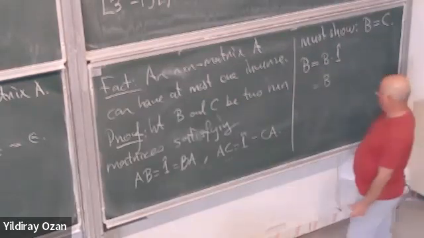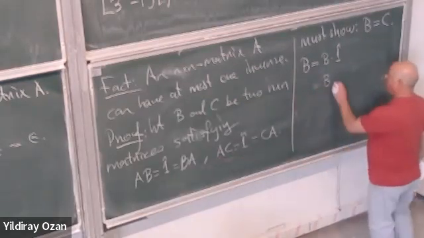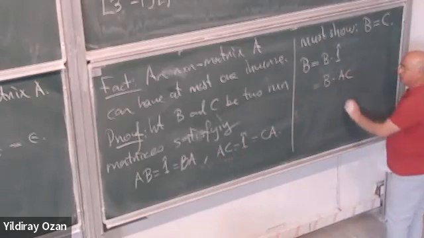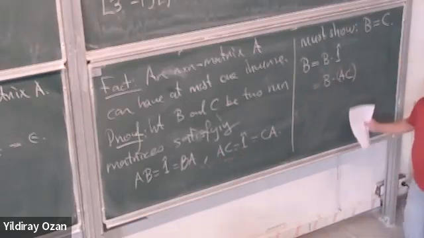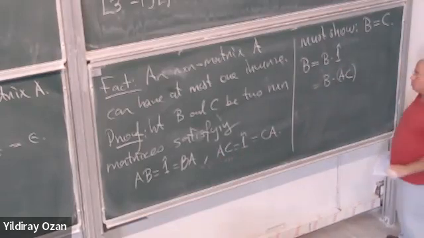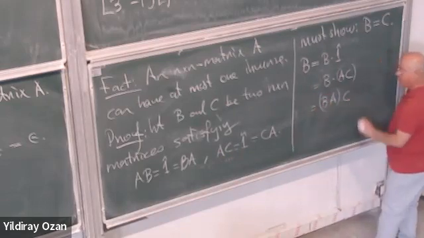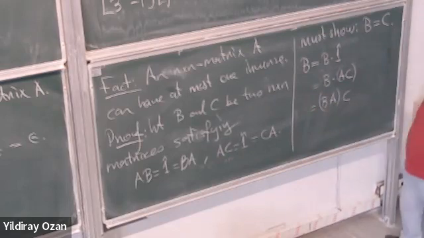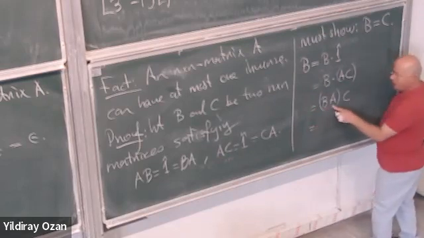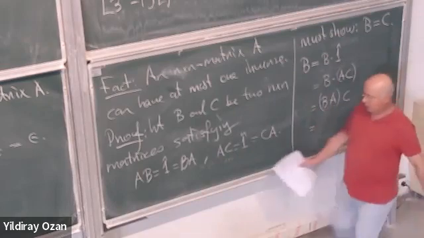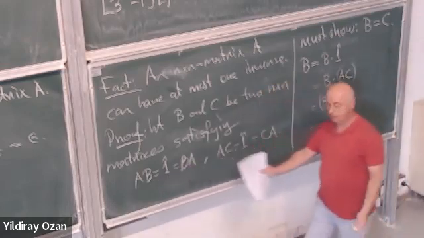Let me use this one, A times C. But we know that multiplication is associative, so I can write it this way. And then I look at my list again: B times A is also identity.